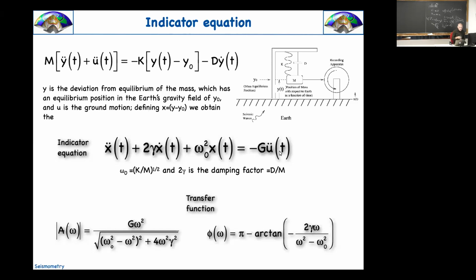Now, what about the phase? Actually, it's not able to follow. It's always out of phase. And actually, if you take this term here, you will get a phase of pi. Now, what if I force it at very low frequencies compared to its natural period?